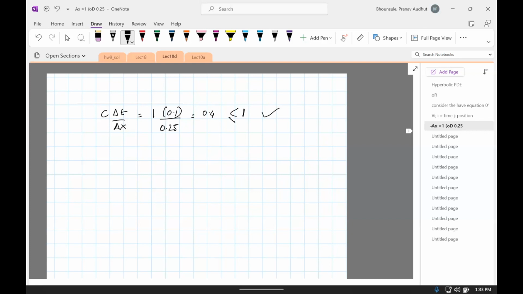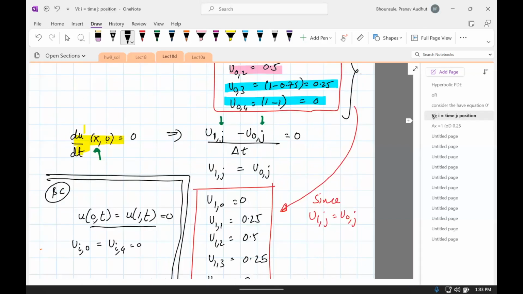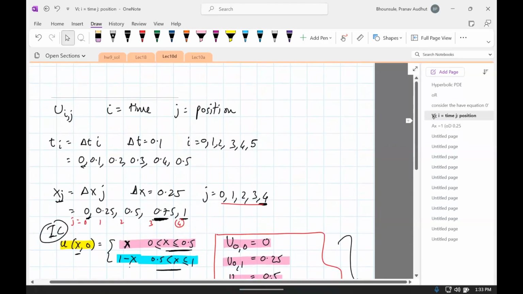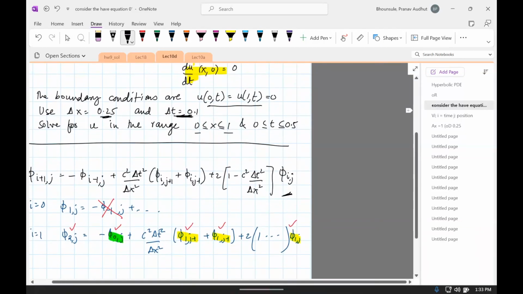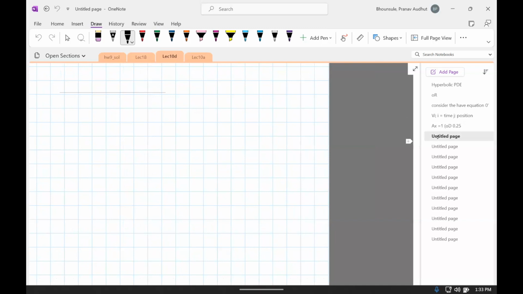We can use the formula I wrote down earlier. So now the formula, which is right here. I'm just going to copy this formula down, but I'm going to replace the value of c. It'll save me some time. I just put the value of c delta t over delta x squared and write the formula down.